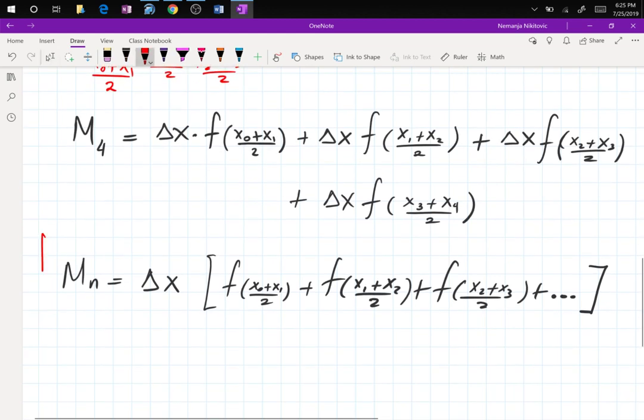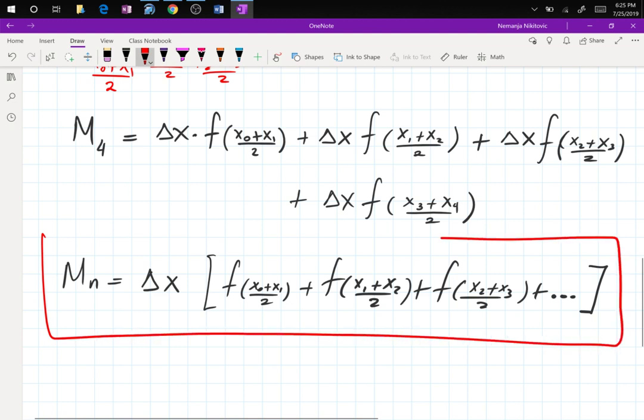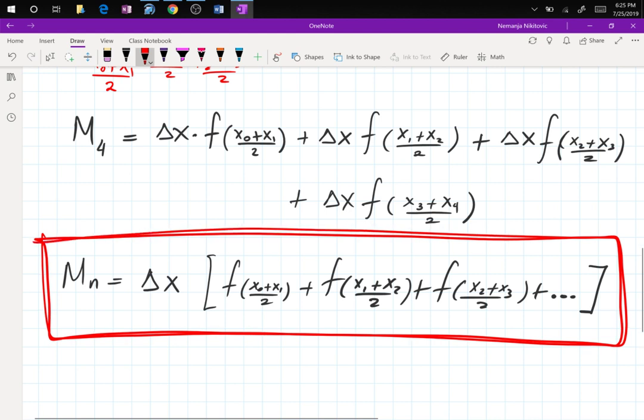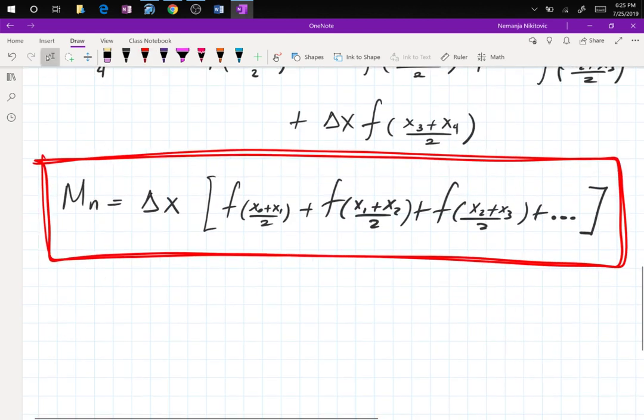So this is your formula. And now we can apply that formula to this problem here.